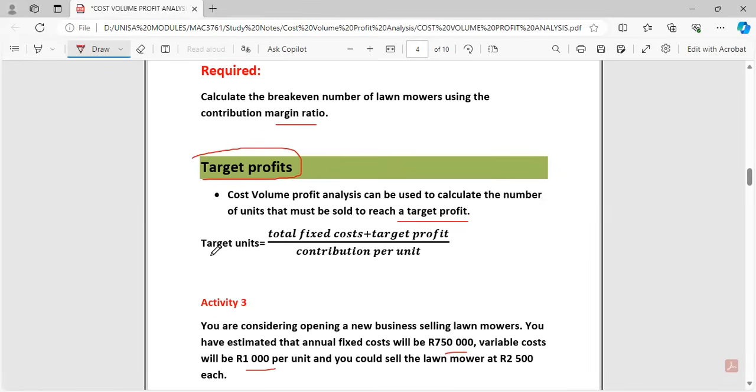So here you just come to your formula here. You need a target profit. So which means you are going to calculate target units based on the target profit.